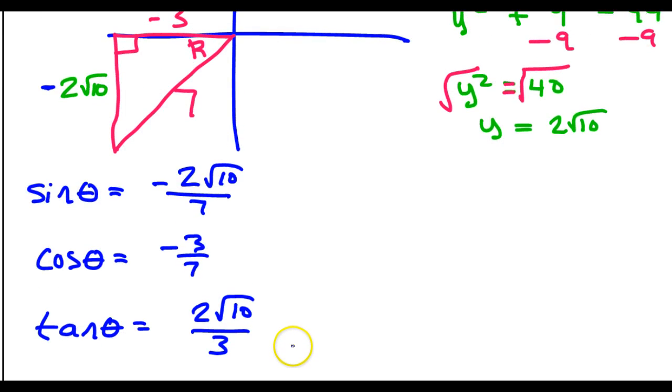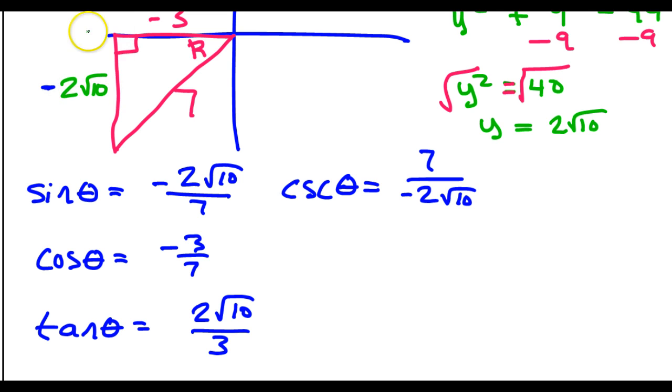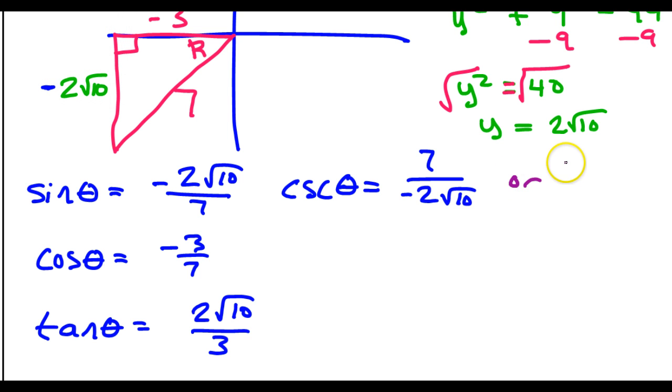Alright, and then we can do all the reciprocal trig functions. Cosecant is the reciprocal of sine, so that'll be 7 over negative 2 radical 10. Some people like to rationalize the denominator. If you're one of those types, then you'll wind up writing this as 7 radical 10 over negative 20.